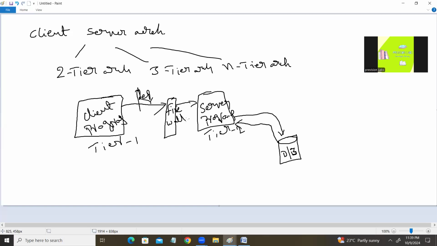And what about the server? The server is also a program which accepts the request from the client side, processes that request, and gives the response back to the client. Inside the server-side programs, we have one more area called the resource pool. What is a resource pool?